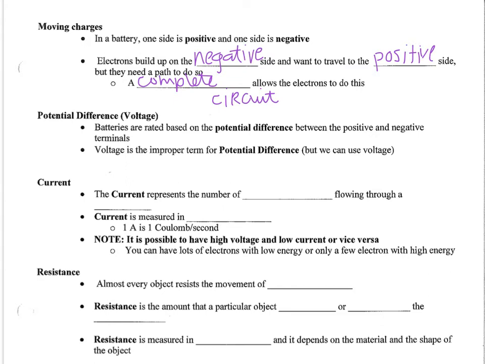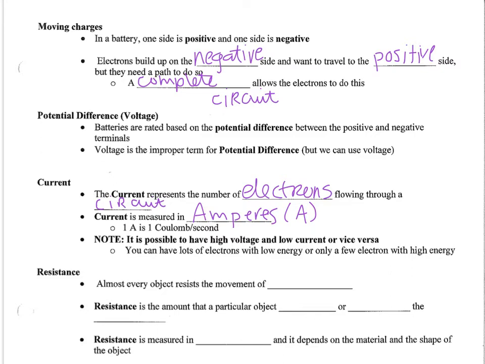Current represents the number of electrons flowing through a circuit. Current is measured in amperes, and the symbol for the ampere is an A, capital A. An ampere is a coulomb per second.